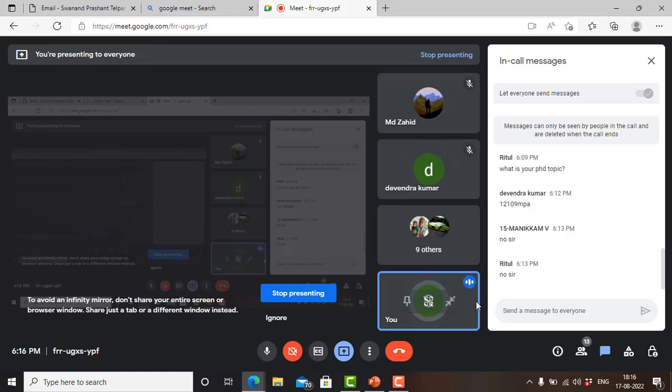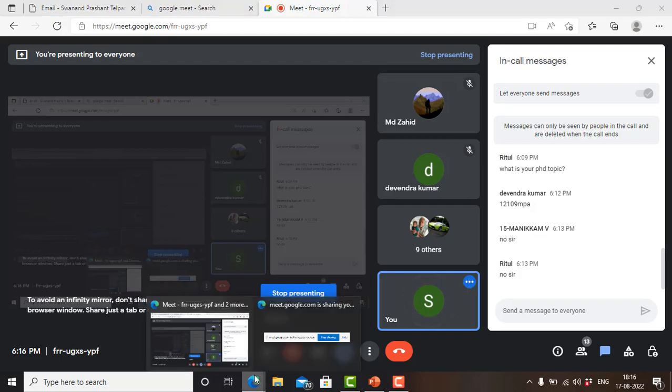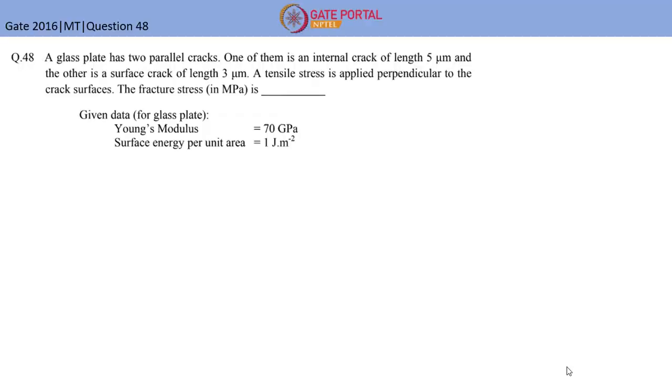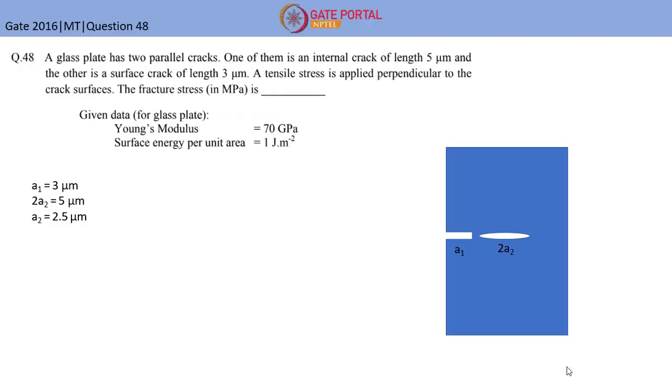I will give you again 2-3 minutes time to solve it. Let's see whether you can solve it. Then we will discuss what is the science behind that problem. Similar questions will be there in GATE also. These questions most of the times repeat by changing the values.